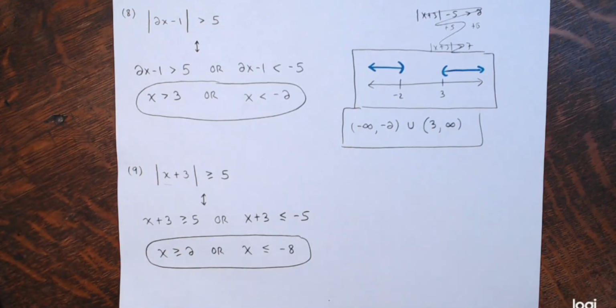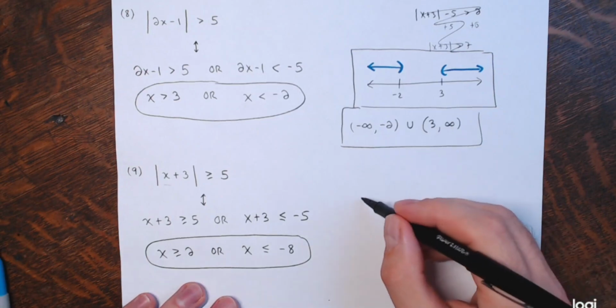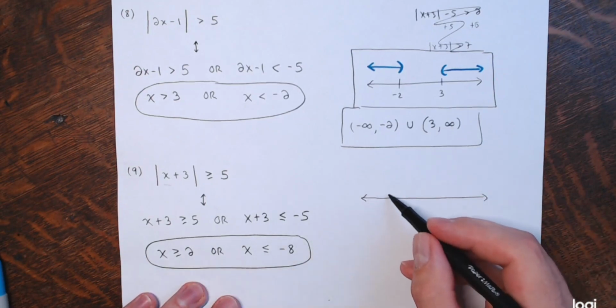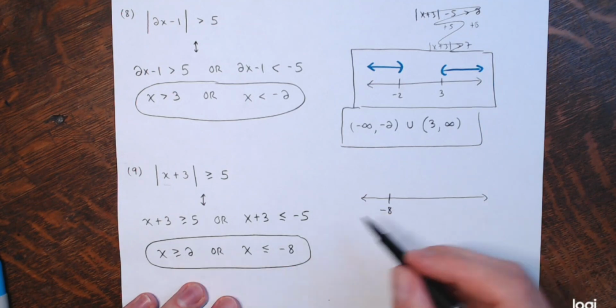So the numbers I can replace x with in this to make it true, I can replace x with 2 or greater, or I could replace x with -8 or less. And the original statement will be a true statement. Graph, right here, number line, the numbers mentioned in the solutions here are -8 and +2.